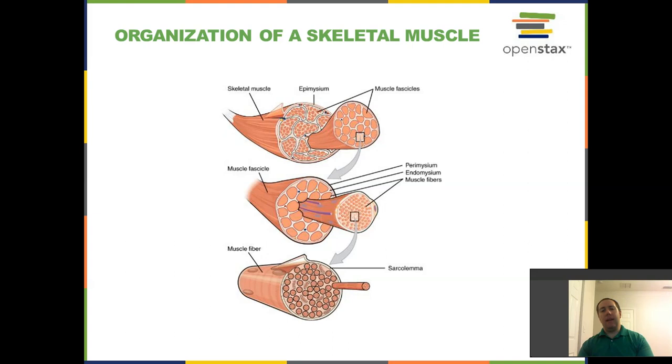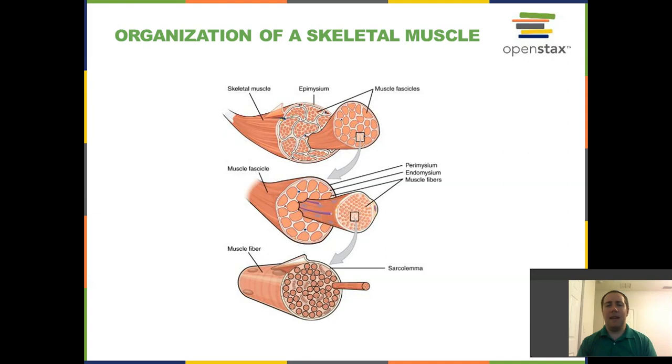Why do you think in this particular cell, those nuclei are on the outside of the cell? I mean, they're within the cell membrane, but they're still inside the cell. But they're pushed to the very edge of the cell. In most other cells, the nucleus is going to be kind of in the middle.